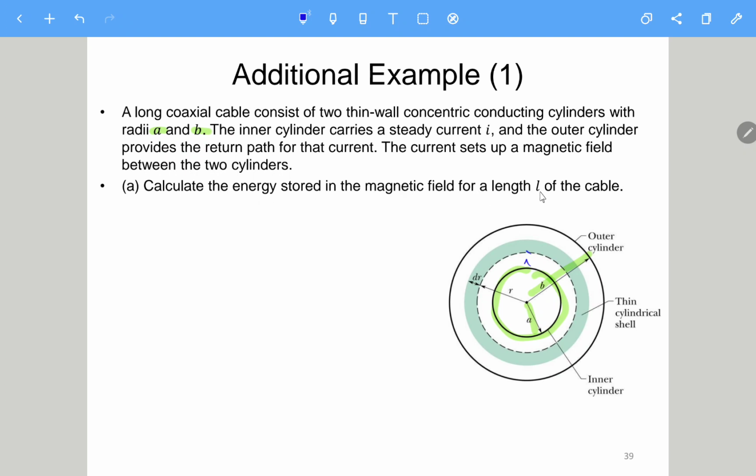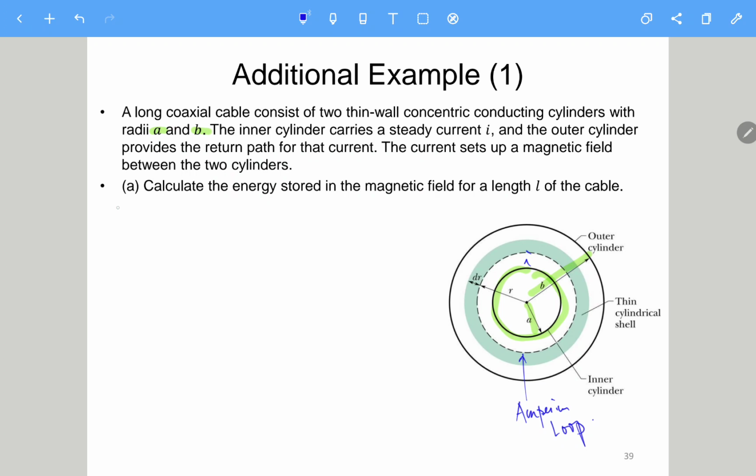First of all, we would like to consider Ampere's law for this. This is not a Gaussian surface, this is an Amperean loop. Since we need to use Ampere's law, we need to define the Amperean loop. This dotted line means the Amperean loop.